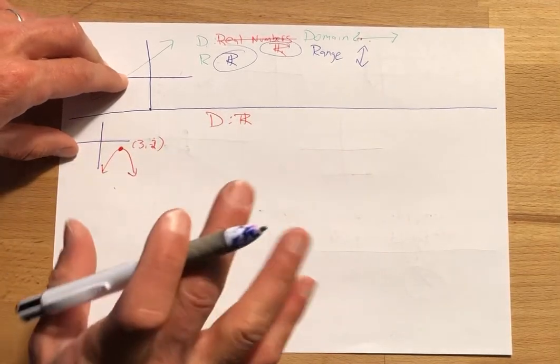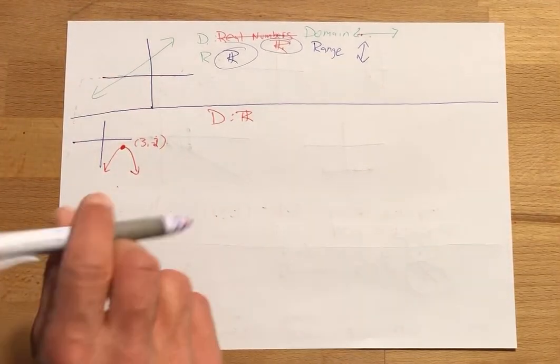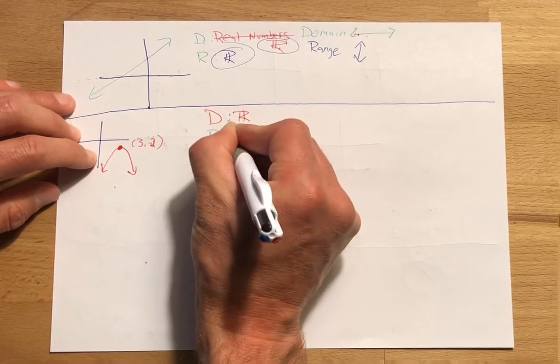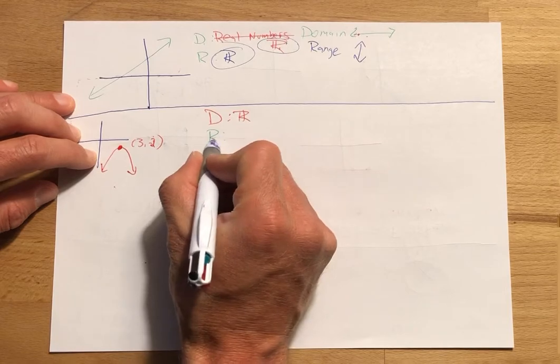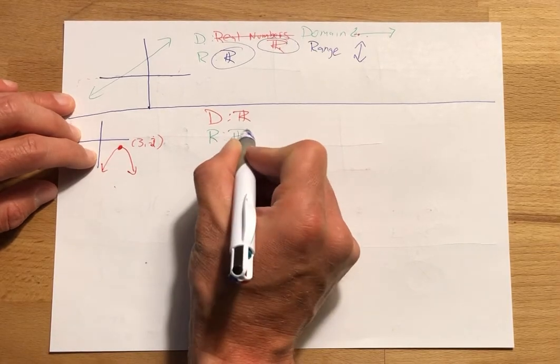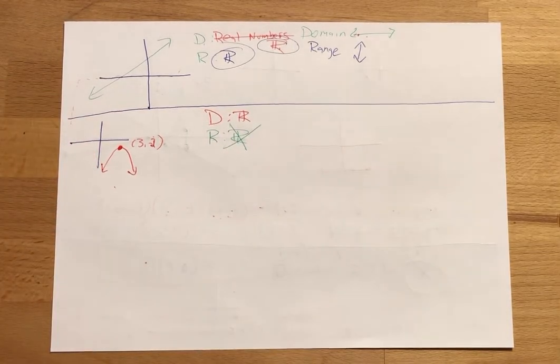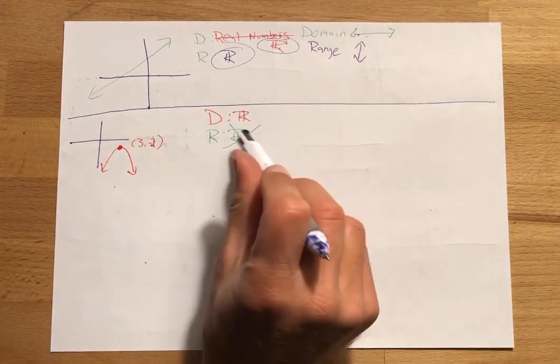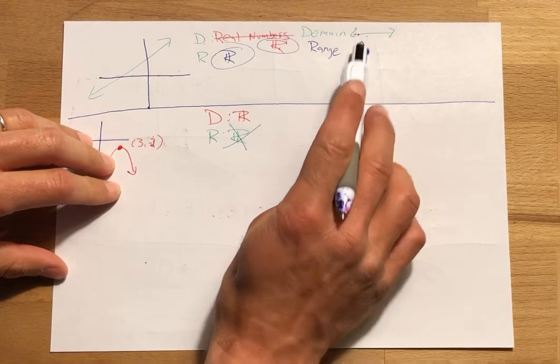But your range is not all real numbers. Pause this video and figure out why your range is not all real numbers. See if you can explain it to yourself. Okay, it should be this simple. If you pause the video and had a shot at it, your range, how far does it go up and down?